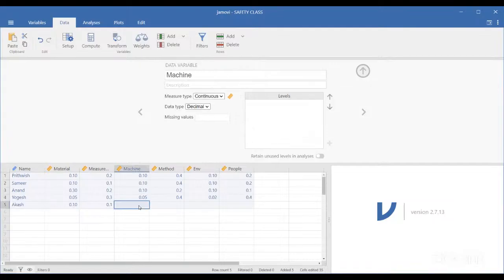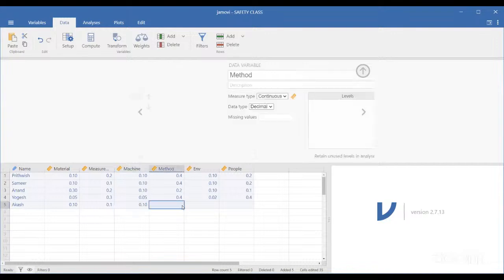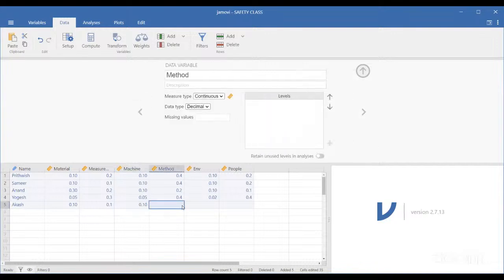Machine is also 0.1. Method is 0.5. And environment is also 0.1. And people is 0.6.